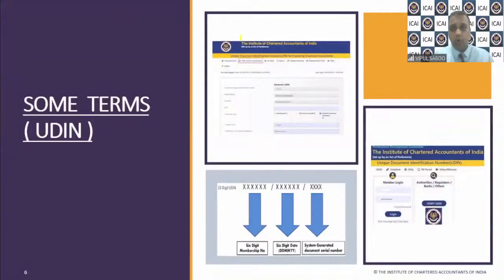So this is the portal which I was telling you about. See, this is written Generate UDIN. The portal looks like this. Generate UDIN, your details and everything. This is for certificates. This is for reports, tax and GST. This is for other kinds of audits.